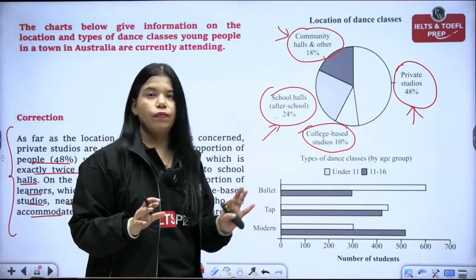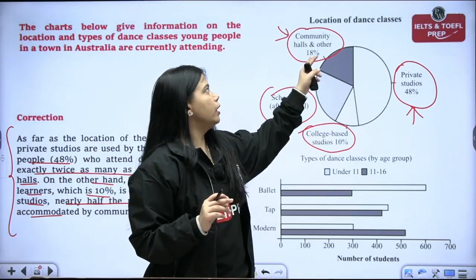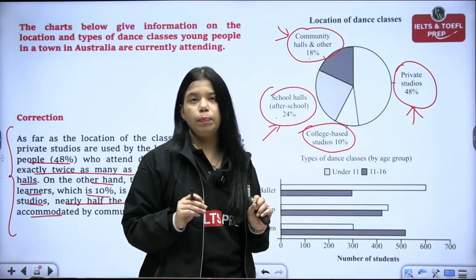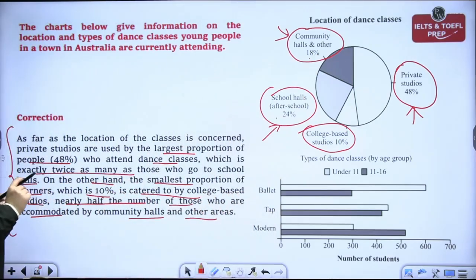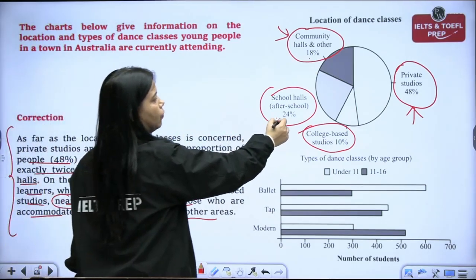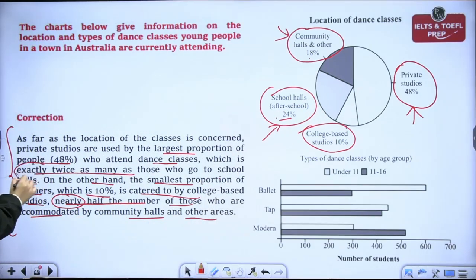It is almost half. Not exact half, but almost half. If it were 20% here, then it would have been exact half. But because it is 18%, that is why I am saying it is nearly half or almost half. But here it is exactly double, double of 24, that is 48. And that is why I am saying exactly twice.